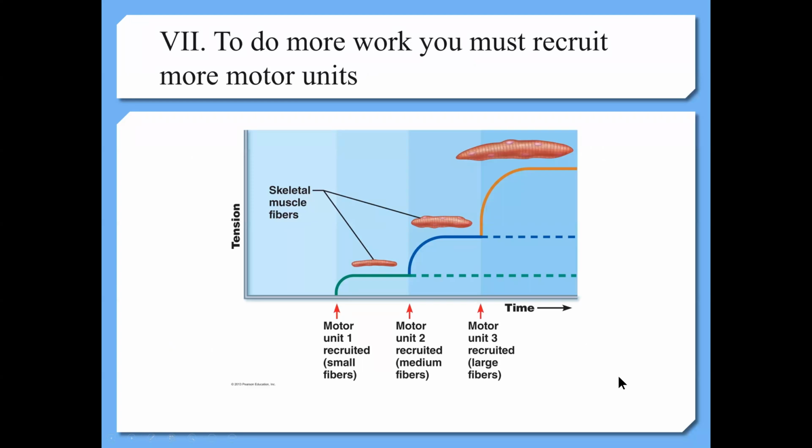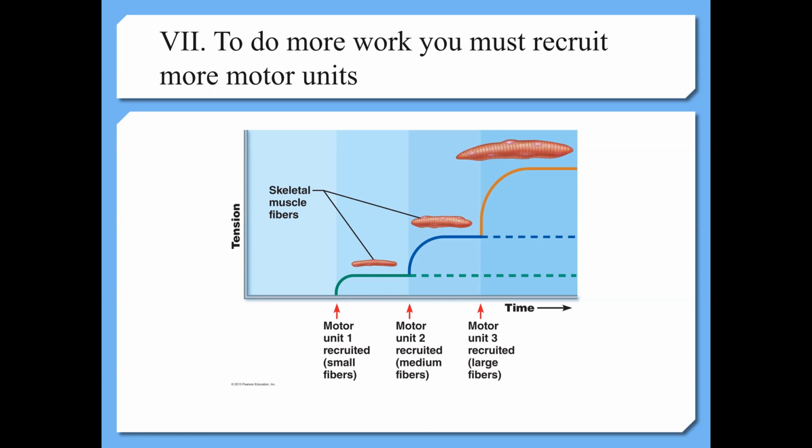And this is sort of fashioned along that. If you've got a small fiber motor unit and that fires, in other words, the signal comes down, the thing about the muscle is it's either all or none. If it gets the signal, and the signal is threshold, in other words, the signal is enough to cause depolarization to occur in the muscle cell, then it's going to contract.